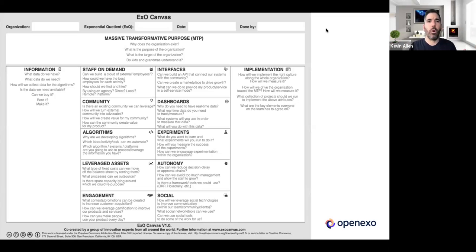And what is really important in running this EXO Canvas process is for the future state, you don't want to have a sprinkling of EXO attributes, right? Where you're trying to implement all of the attributes, but doing it in a way that it is very superficial.